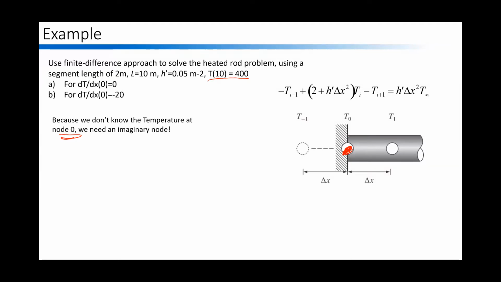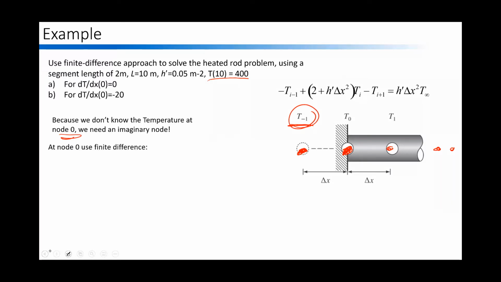We need to implement an imaginary node. So we're going to have these nodes as we previously did along the length of the rod, but I'm going to put in this extra node to the left of that T0. This is going to help us get the information about that T minus 1 point.